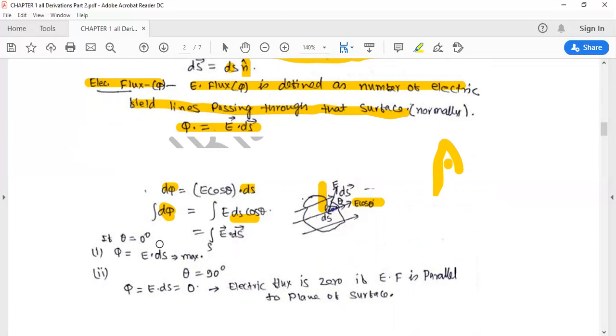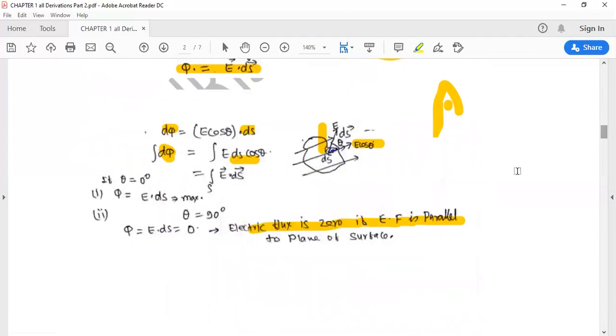So if theta equal to 0, phi equal to E dot ds, and cos 0 is 1, so phi equals E ds, and this gives you the maximum value. And if theta is 90 degree, then phi equal to E dot ds equal to 0. So electric flux is zero if electric field is parallel to the plane of the surface.